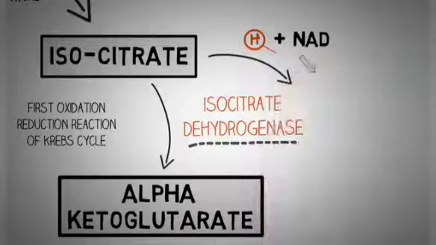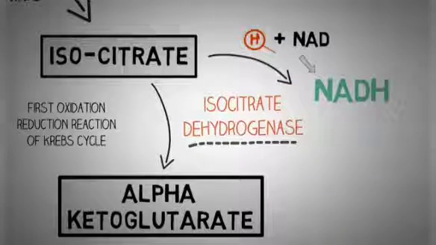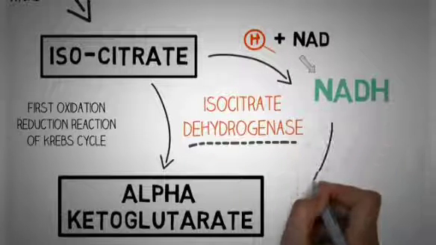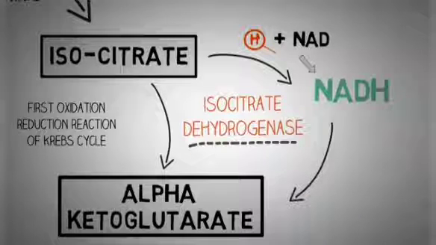The hydrogen that is removed is attached to NAD to form NADH, thus completing the process of oxidation and reduction. But there is a small additional step that happens next, which is catalyzed by the same enzyme, isocitrate dehydrogenase.